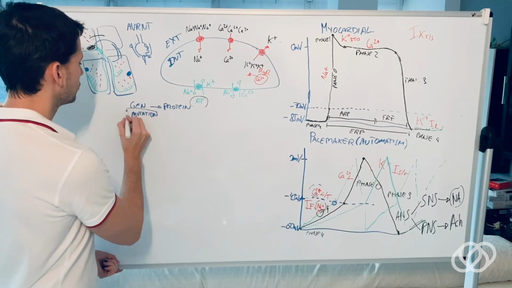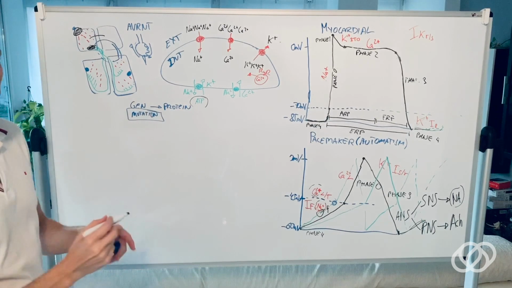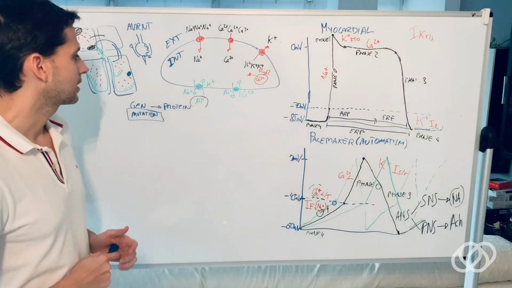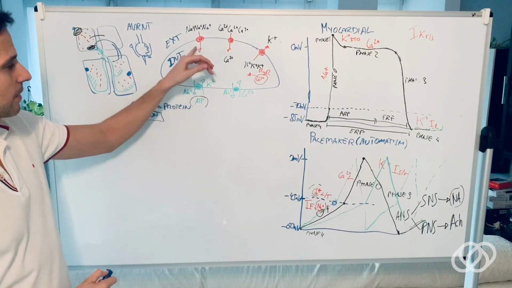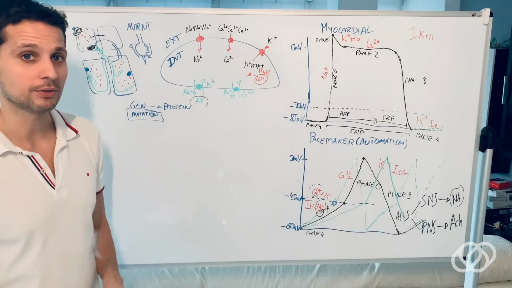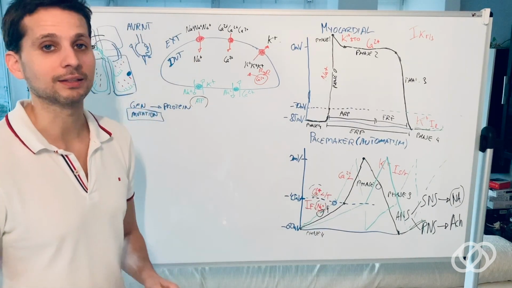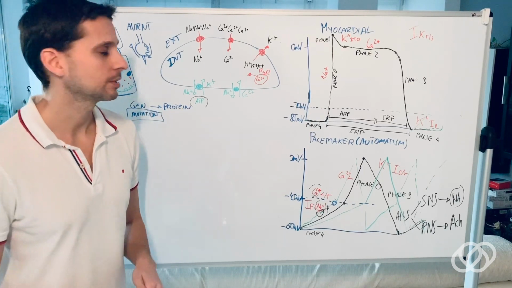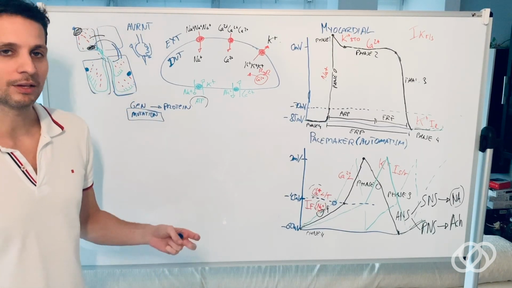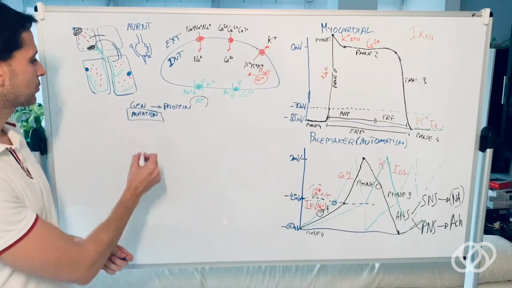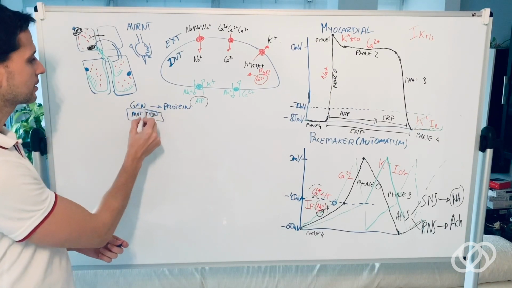It is really good when we find this mutation in the gene because it gives us a lot of diagnostic value, a lot of prognostic value, and also it allows us to go and study the family of the patient. But the problem is that it is not always possible to find the mutation of the genes.